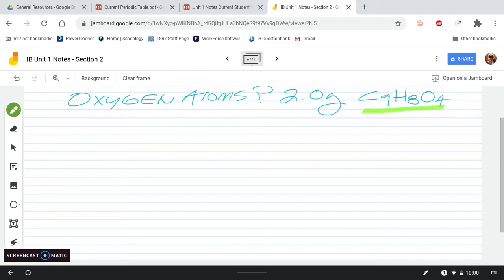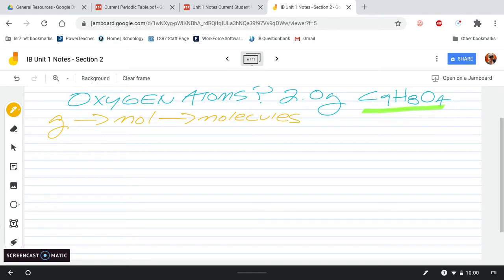So we're going to have a plan here. And so our plan is going to be this. We are going to go from what they gave us, grams. We're going to convert that into moles because if you want to go to atoms, molecules, things like that, you have to go to moles. We're then going to go into the big pieces, which are going to be the molecules.